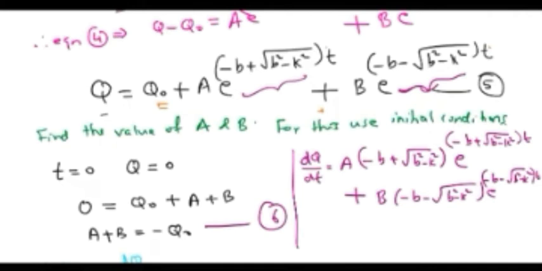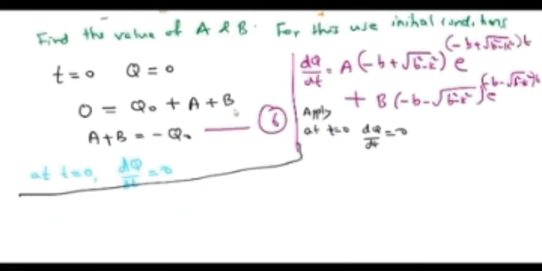Our initial condition was, at time t is equal to 0, dq by dt is equal to 0. Apply these initial conditions and let us check the result. The left hand side of this expression will be 0.